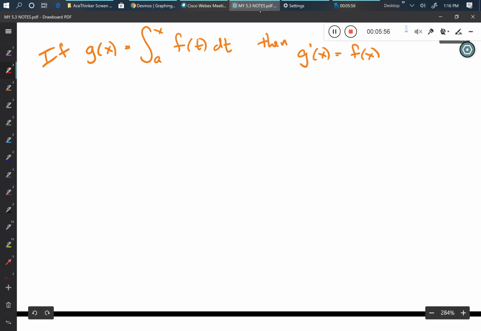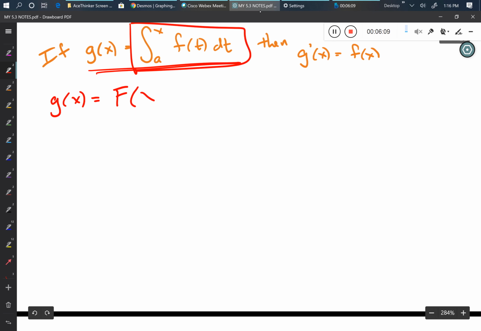I'm going to work this left-hand side out. According to part 2 of the fundamental theorem of calculus, this integral right here is going to be equal to big F of x minus big F of a. And how did I get there so quickly?